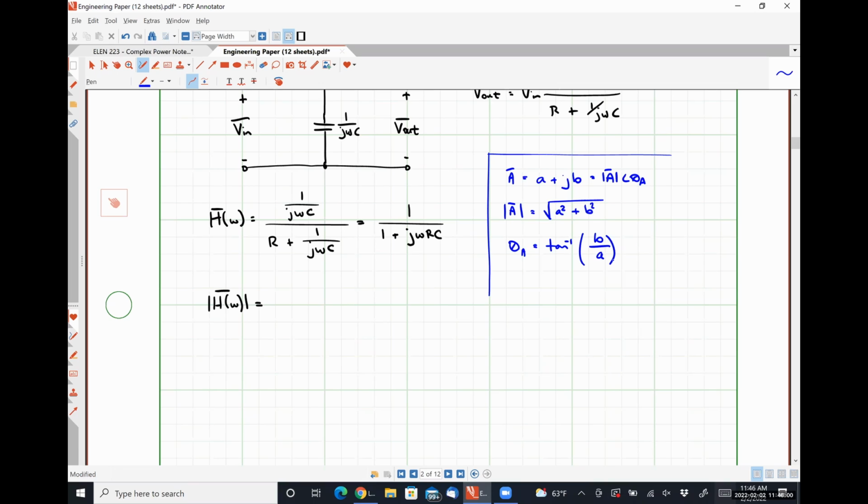So in order to get my magnitude response, I need to be able to split my transfer function into its real part and its imaginary part. Anybody remember how to do that?